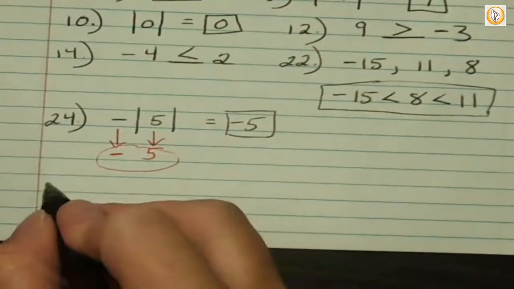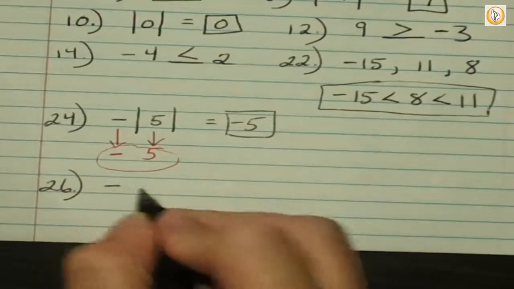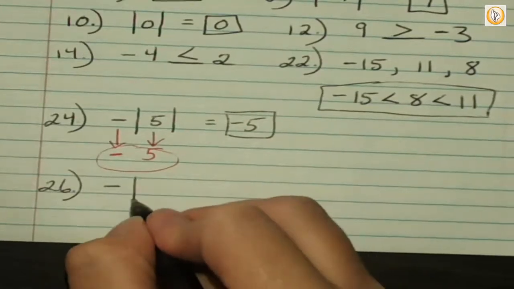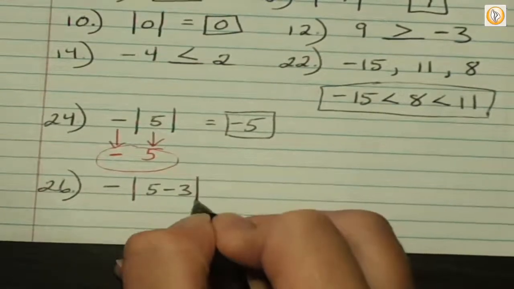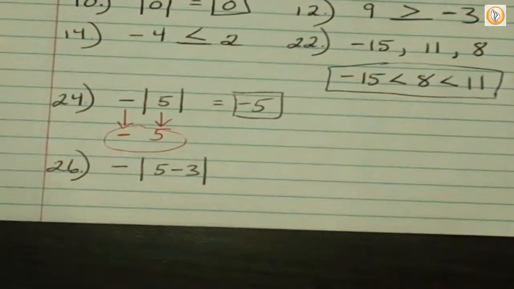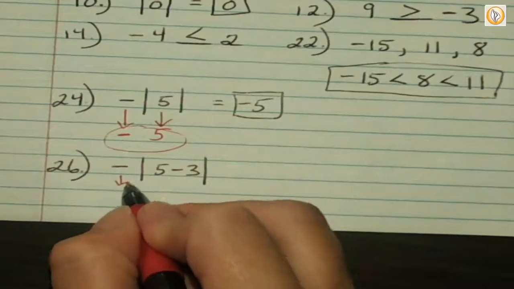All right, last one, 26. Tanner, you up for it? All right, negative absolute value of 5 minus 3. Tanner, what do you think is the first thing we need to do with this problem? 5 minus 3. That's right. So we're going to bring down the negative.